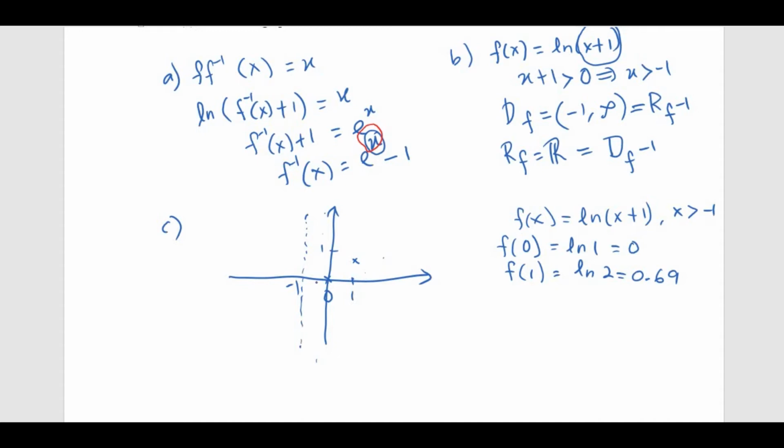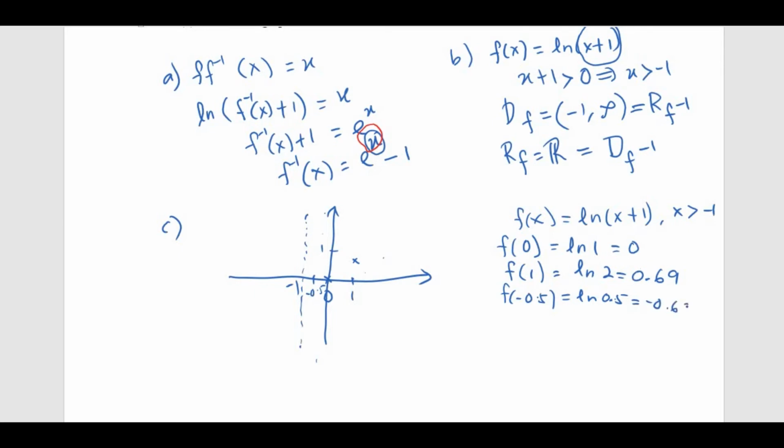So when you substitute x by, let's say, negative 0.5, so f of negative 0.5, you get ln 0.5. So what is ln 0.5? Use your calculator, press ln 0.5. Then you will get the answer negative 0.69.